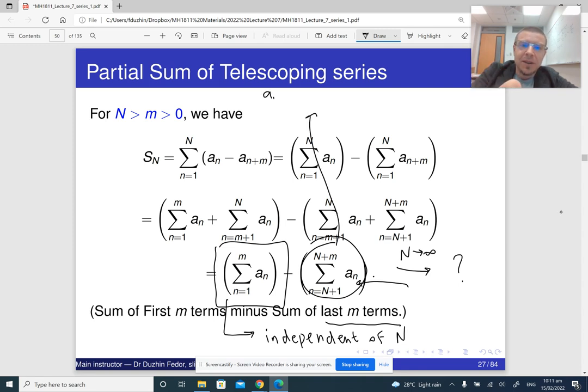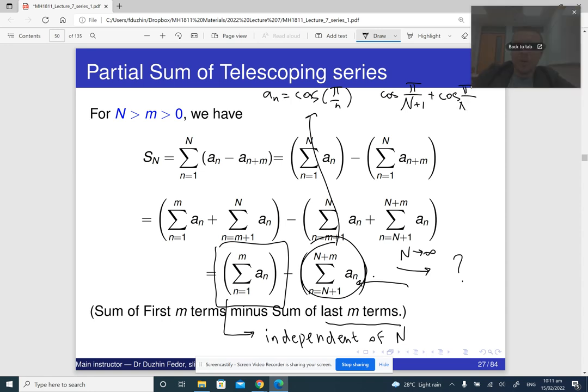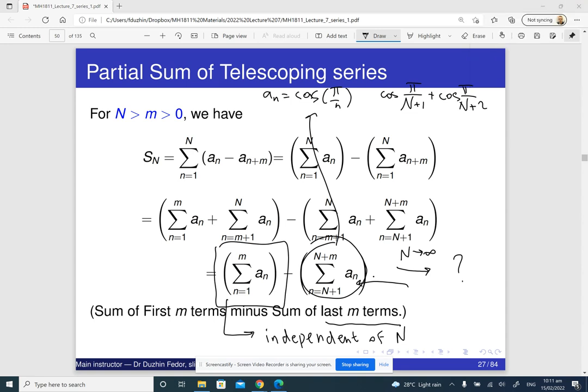So let's say an is, what did we have, cosine of pi over n, right? Then this looks like cosine of pi over n plus 1, plus cosine of pi over n plus 2, and so on up to cosine of pi over n plus m.